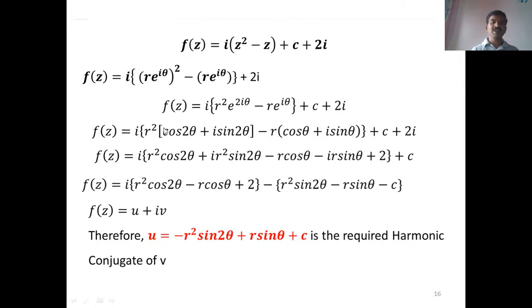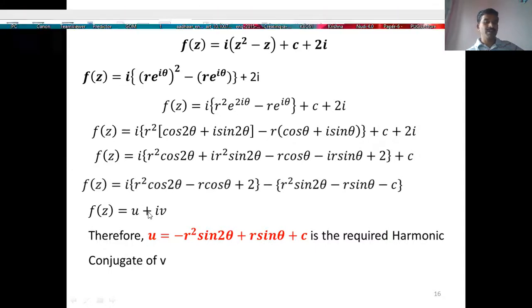Then separating and clubbing the real terms and the imaginary terms, we get u plus iv, where u is minus r square sin 2 theta minus r sin theta minus c. This is what is given in the problem, where v is the given imaginary term.